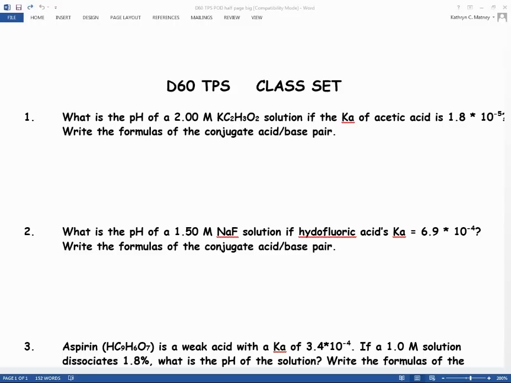Is it important for me to pay attention to who X is? Yes, it is. Because when I now go up here and say minus log of 3.16 times 10 to the minus 5, I am obtaining, Austin, the who? The POH, not the pH.